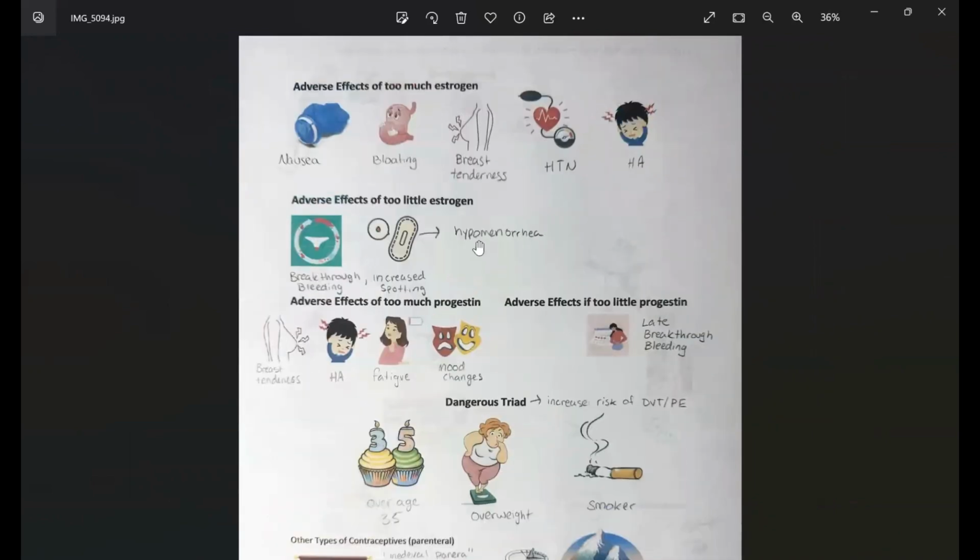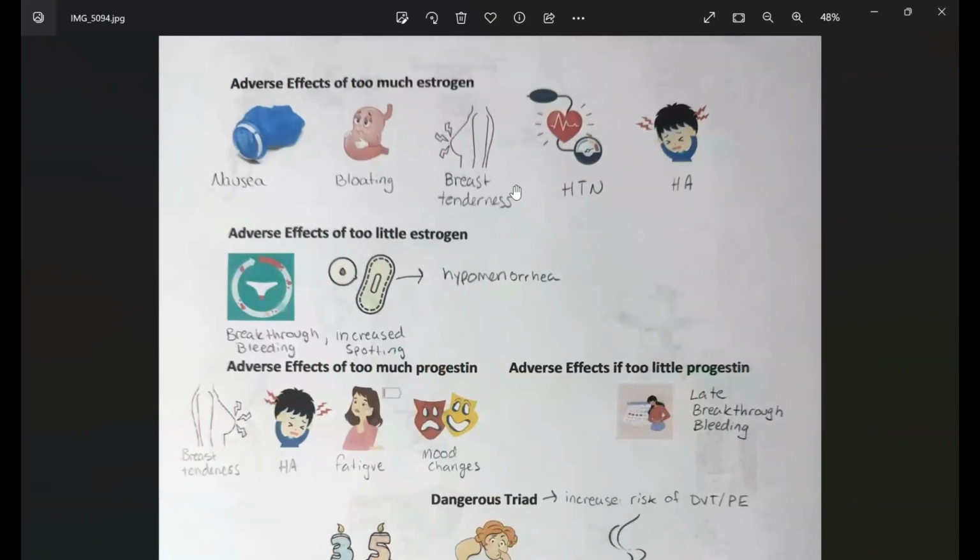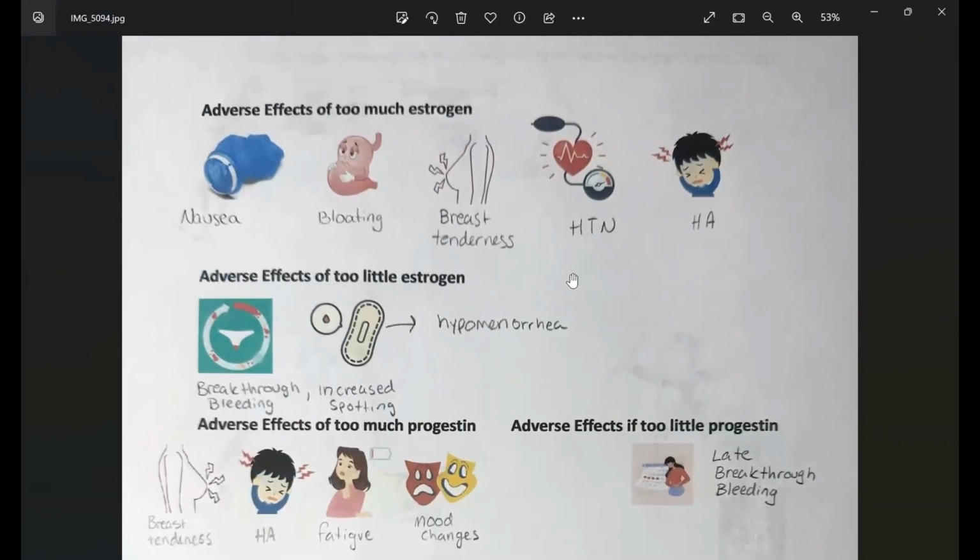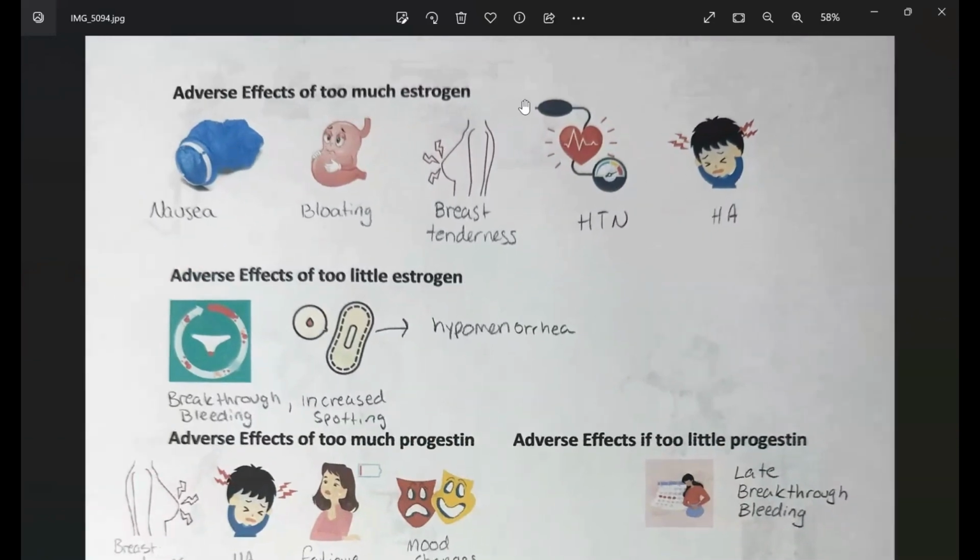So here's where we get into the adverse effects of all those drugs that I just covered. It can take some time to find the right oral contraceptive. If there's too much estrogen, the patient will have nausea, bloating, breast tenderness, hypertension, and headaches.